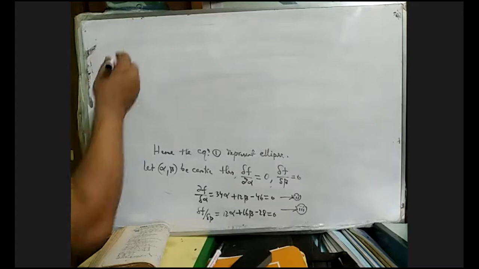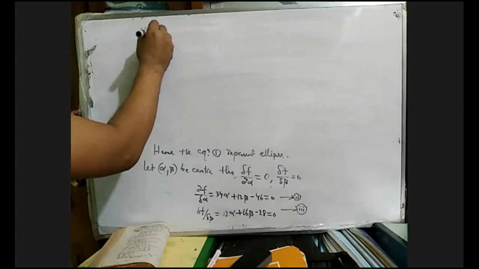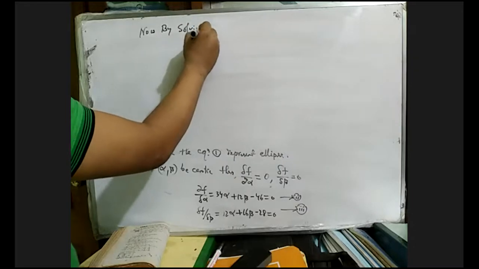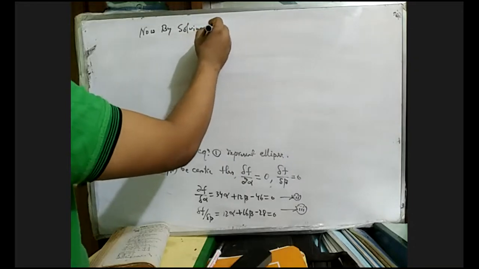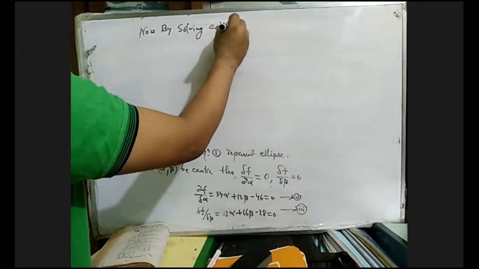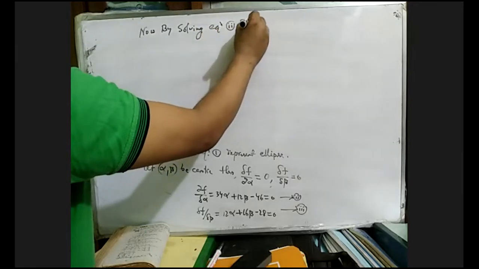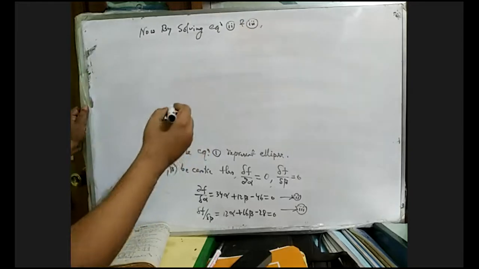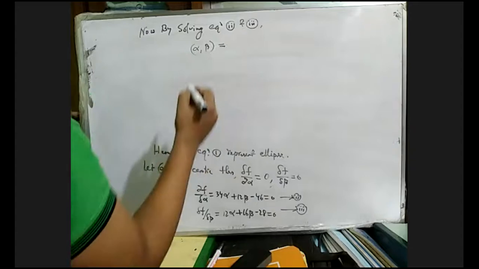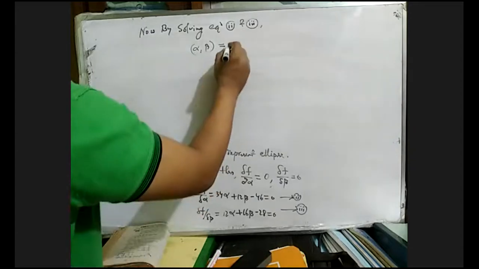Now by solving equations 2 and 3 as in the previous example, the center alpha comma beta will be the solution 1 comma 1.